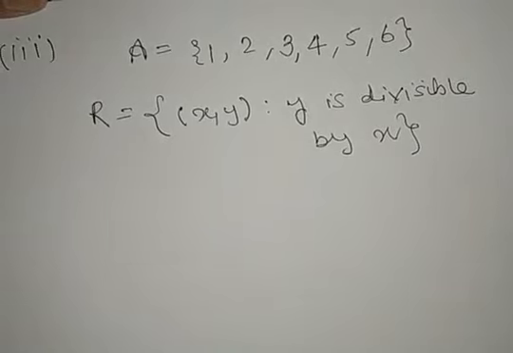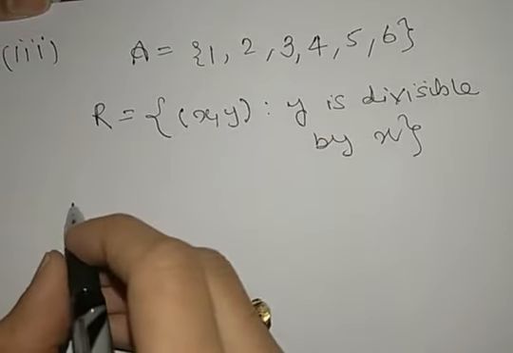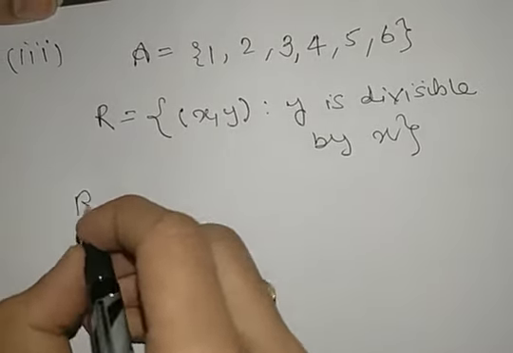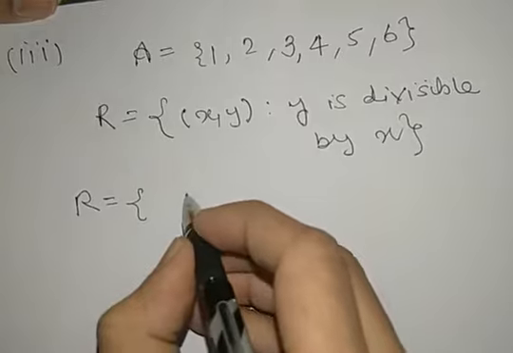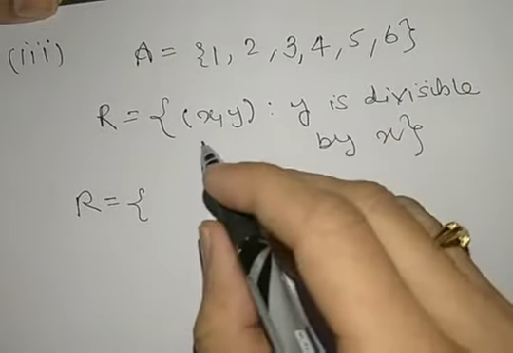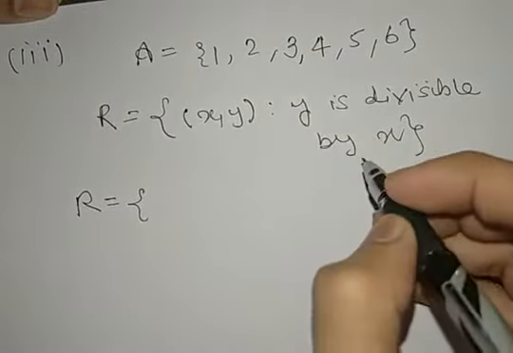You have to determine whether R is reflexive, symmetric or transitive. So you look at the set R, the set of all (x, y) such that y is divisible by x.